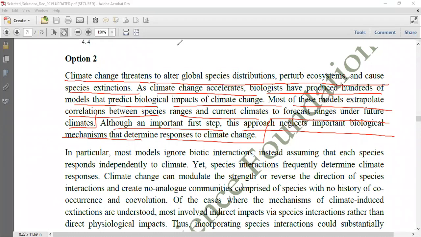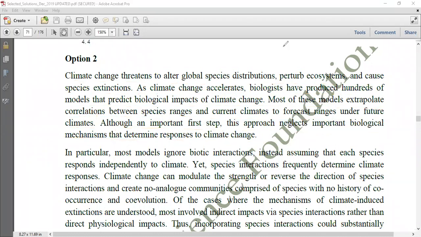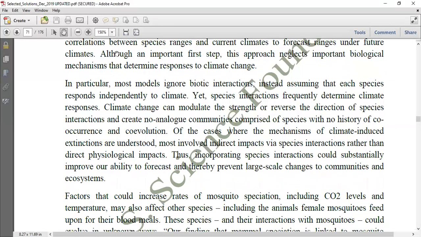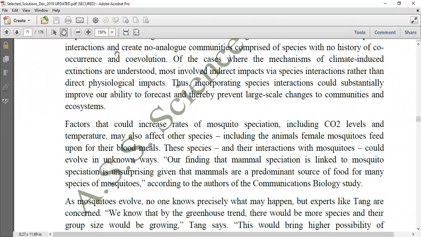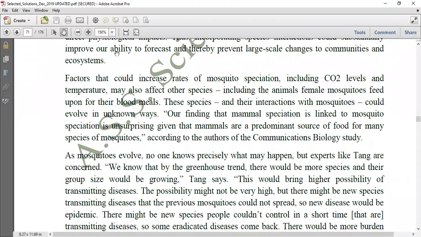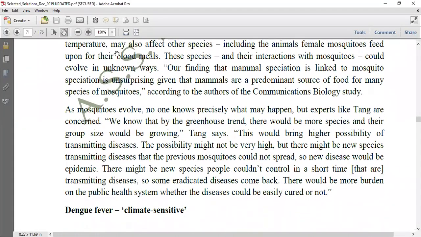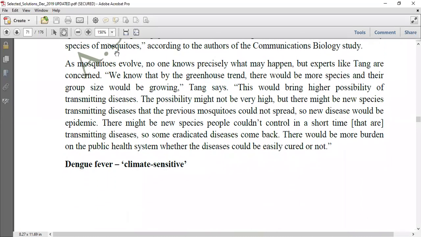Right? So if I see according to this, which of the species are critically linked here? And in particular, if you see, yeah, this dengue fever, which is climate sensitive, right? As you can see here, dengue fever is related to the mosquito, and it is climate sensitive.